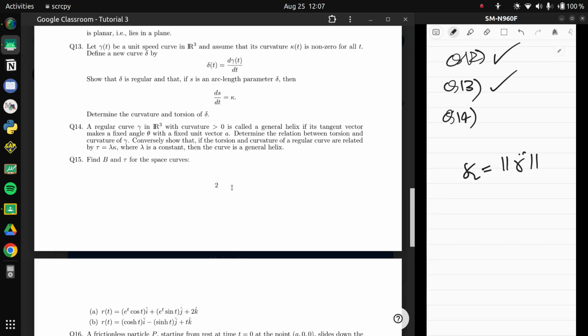T by ds is just along the normal vector. Whatever, that's kappa. And the torsion will be something like gamma dot, gamma double dot, gamma triple dot, over the magnitude of gamma dot cross gamma double dot. This is very messed up.